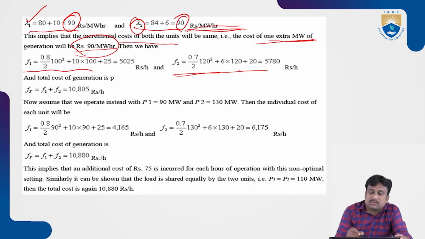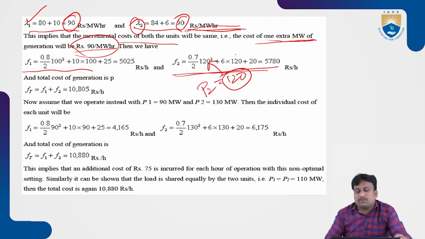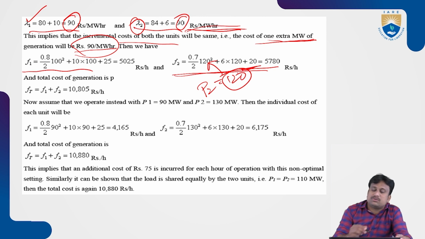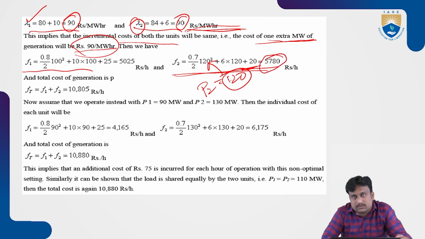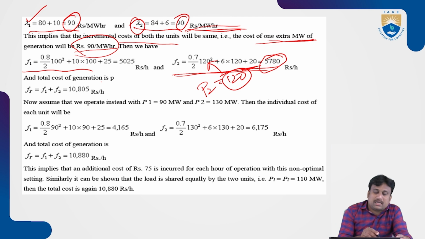In place of P2, you substitute 120, so 120 squared, plus 6 into 120, plus 20. That gives a value of 5780 rupees per hour.